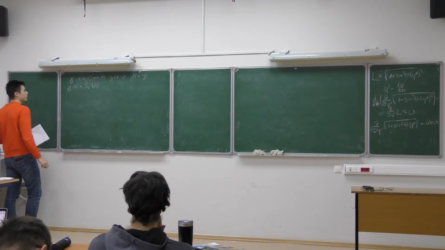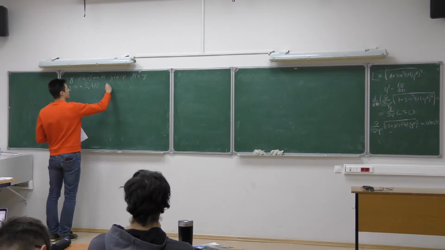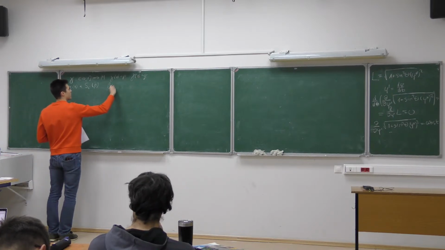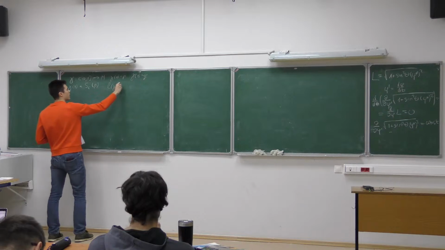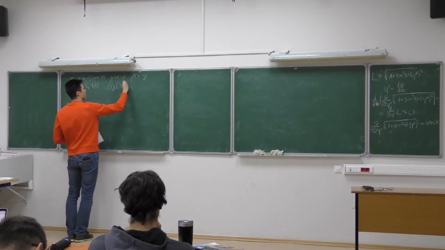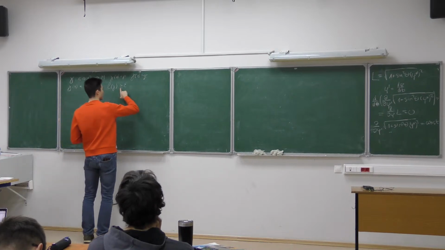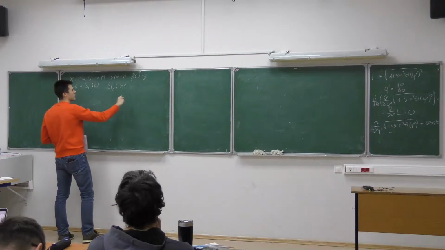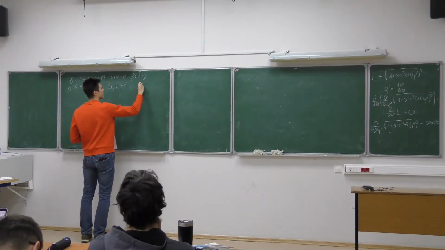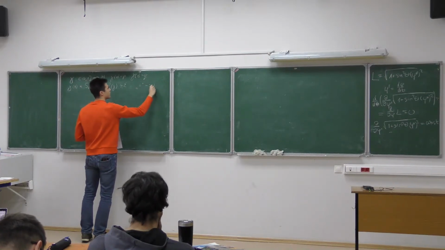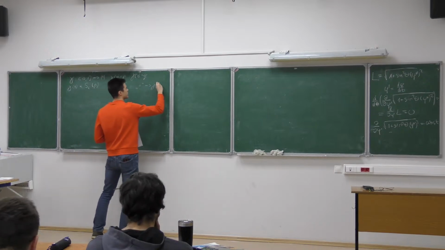And we can prove that the length of the curve is more or equal than epsilon, and if we have strict inequality here, then gamma is not a geodesic.